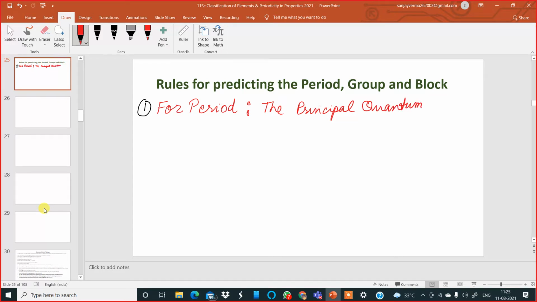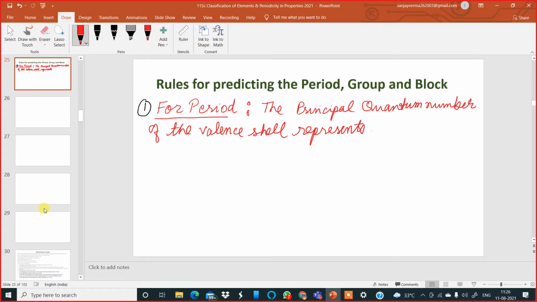The principal quantum number of the valence shell represents the period to which an element belongs.